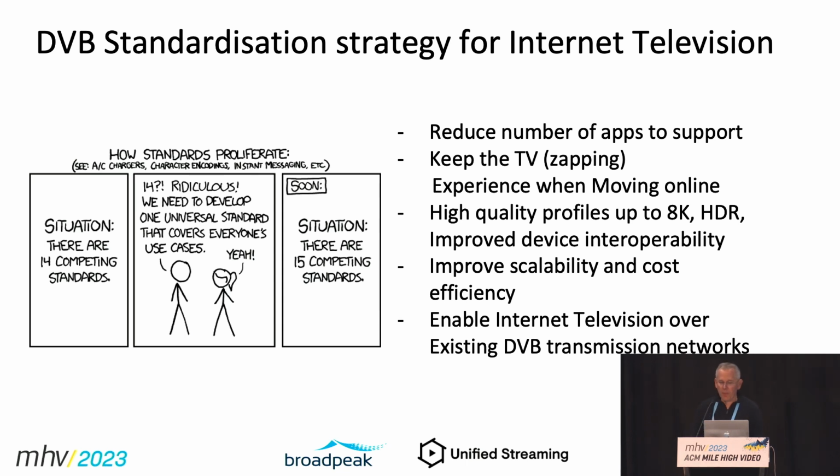And the idea was to develop a set of specifications to reduce the number of apps, to keep the experience, so the experience is, you know, the TV zapping, for example, to keep the quality that is very important for DVB, so 8K, HDR, for example, to improve the scalability over internet, and keep the cost efficiency because the DVB system is very efficient in terms of cost. Well, it used to be, right?